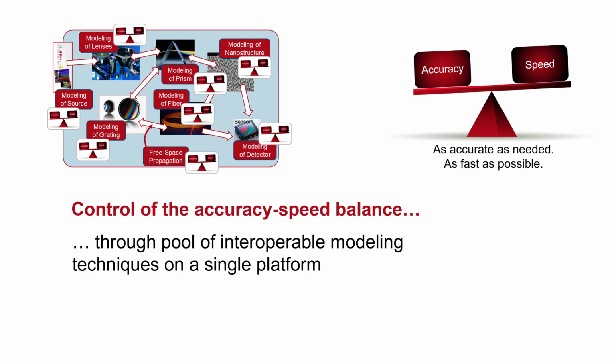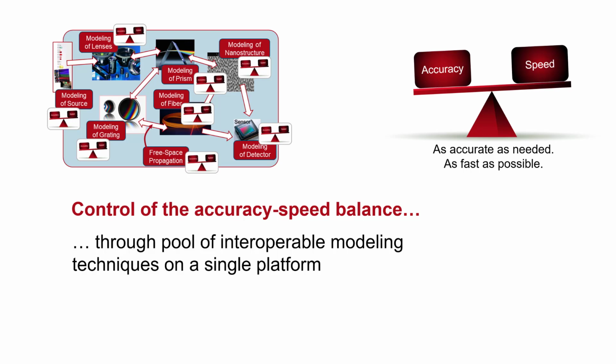Having control of this accuracy-speed balance is a key part of simulation technology. And the way that this control is achieved is through a pool of interoperable modeling techniques, which, in the case of VirtualLab Fusion, happens on a single platform.